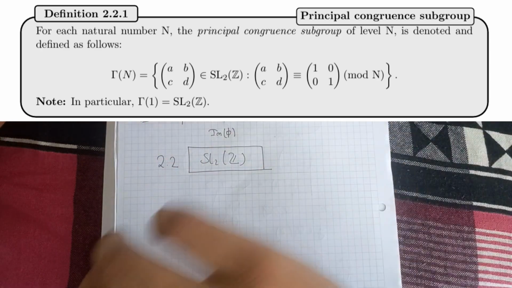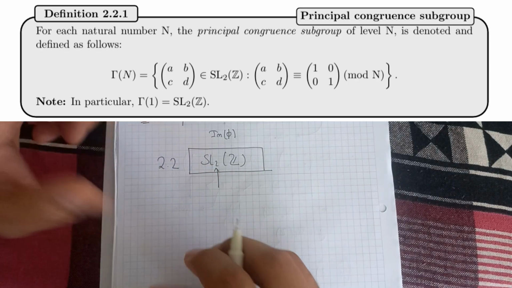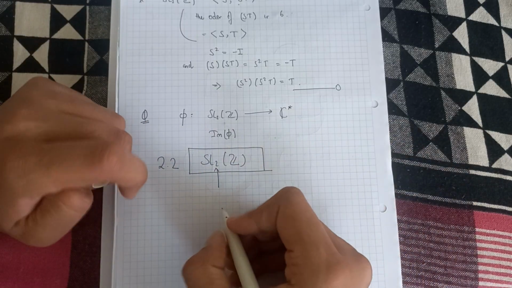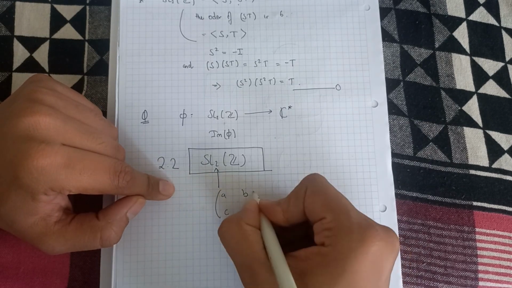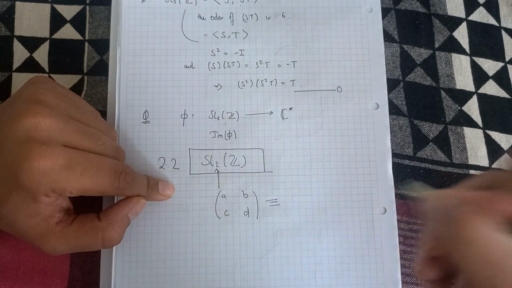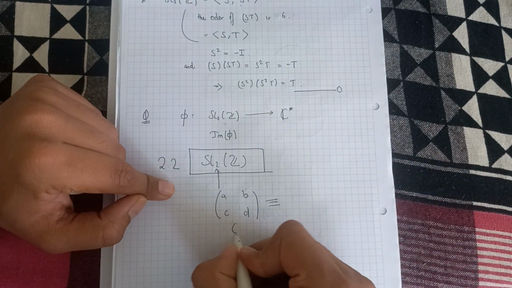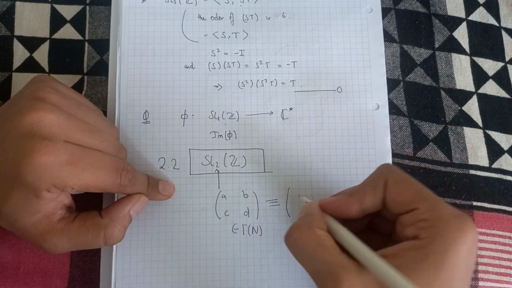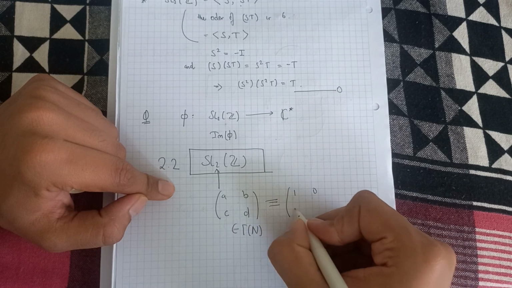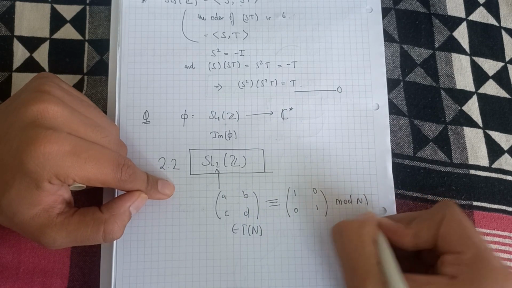They are just taking the matrices in SL2Z satisfying the condition that the matrix A, B, C, D belongs to gamma n if it satisfies this congruence relation modulo n.